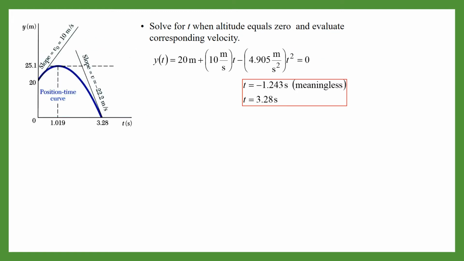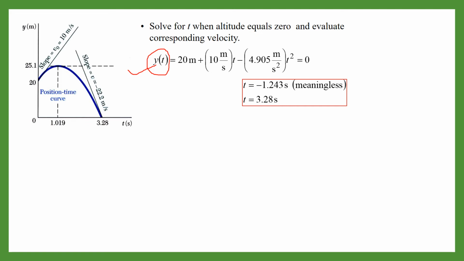Now to solve the third part, that is when the ball will hit the ground and the velocity with which the ball hits the ground, we simply use this equation of Y. When the ball hits the ground, obviously Y will be 0. So we put Y equal to 0 and solve this equation.